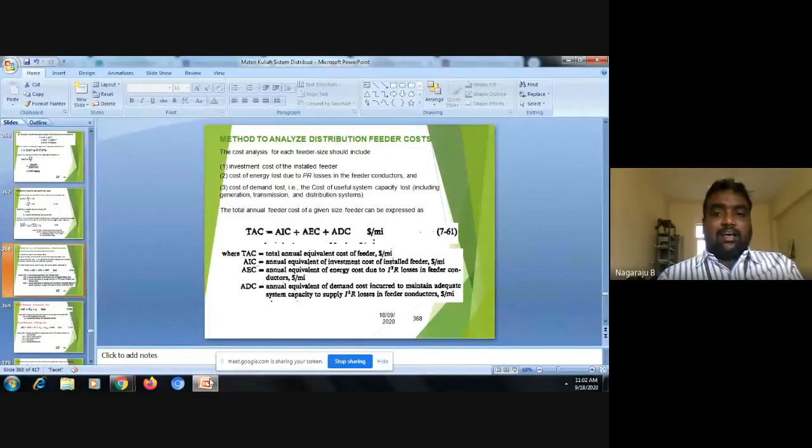When the last is there, automatically the distribution company has to pay, and in the same chronological way, distribution demands from transmission, and transmission demands from generation. This is about the total annual cost of the feeder.